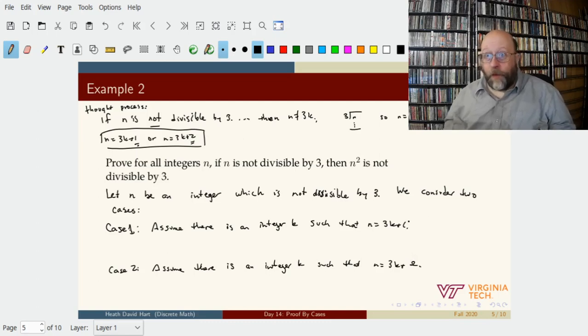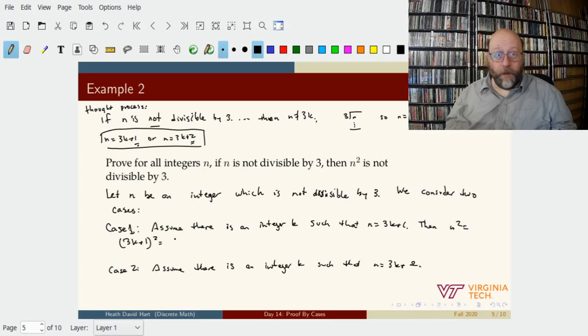So in this first case, we'll do the calculation. Then n squared is equal to (3k plus 1) squared, which is equal to 9k squared plus 6k plus 1, which is equal to 3 times (3k squared plus 2k) plus 1.